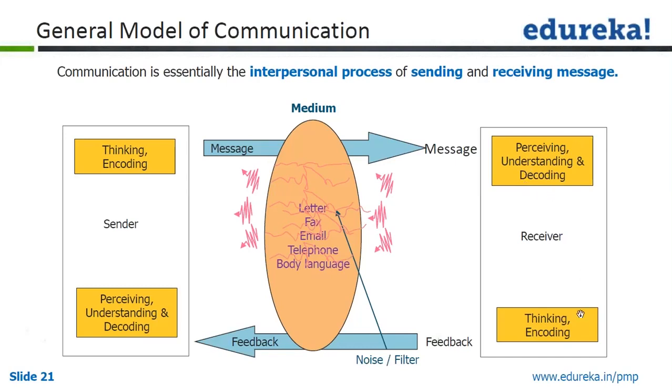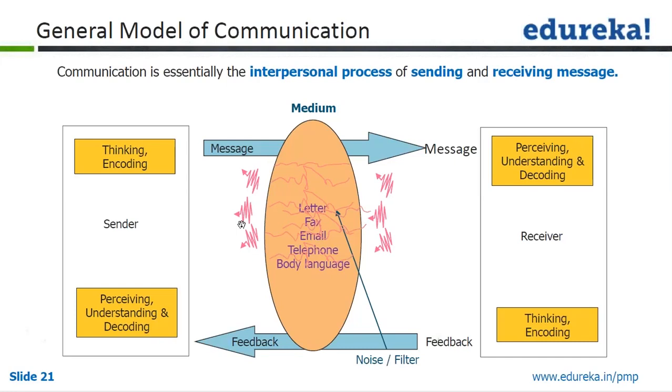understanding happens. And as a part of feedback, you do your own thinking, and after thinking you encode. So you may be asking questions, you may be saying, this is what I understood, as a part of feedback, which is coming back to me, and I will perceive, understand, and decode the feedback that you have provided.